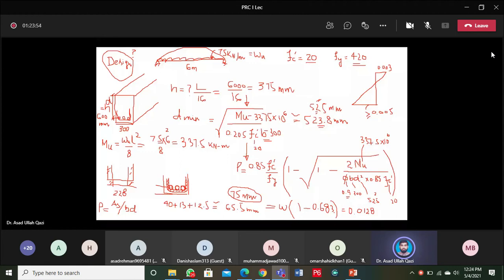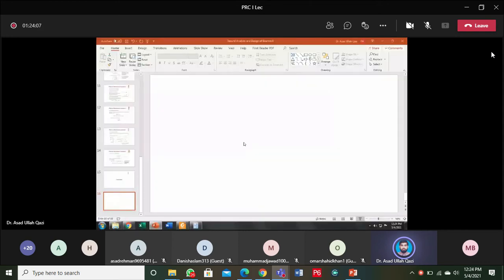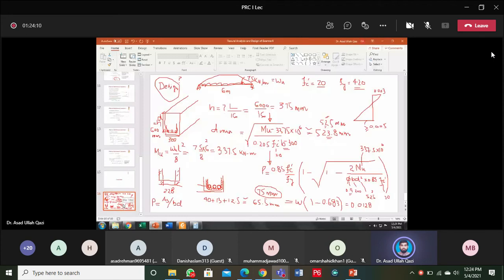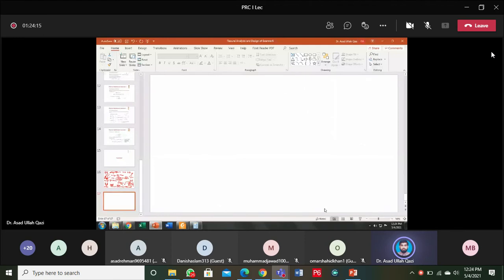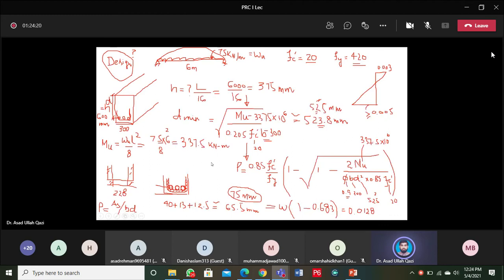So sorry, let me add one more slide here. Now again, as I said, it is the time now to check that this rho calculated where it falls. You remember that we have done this very useful derivation, that what is rho max.